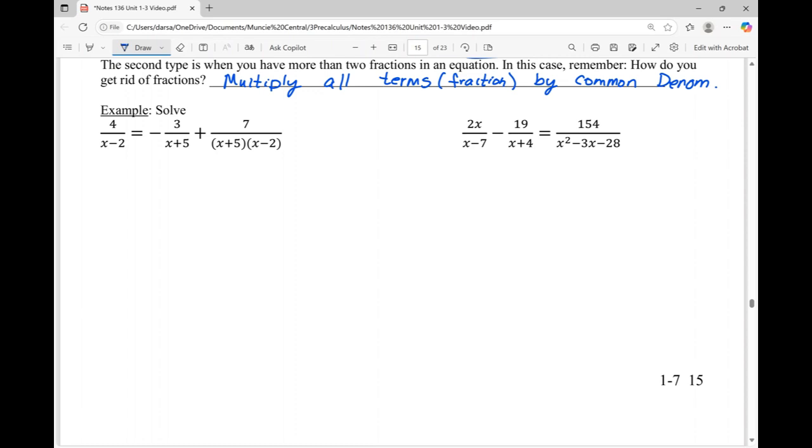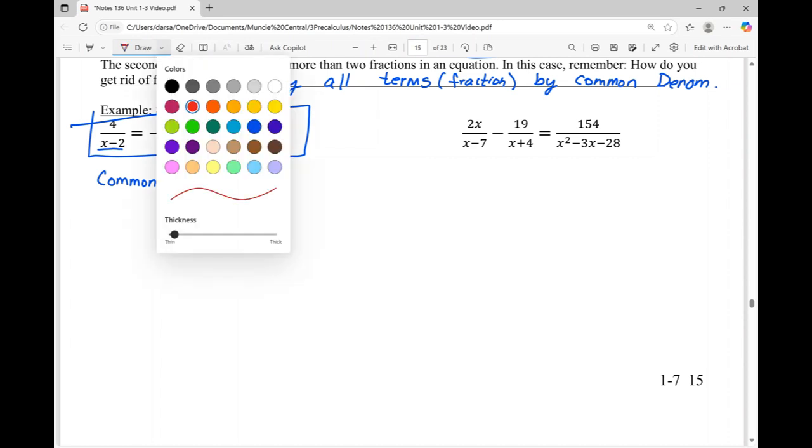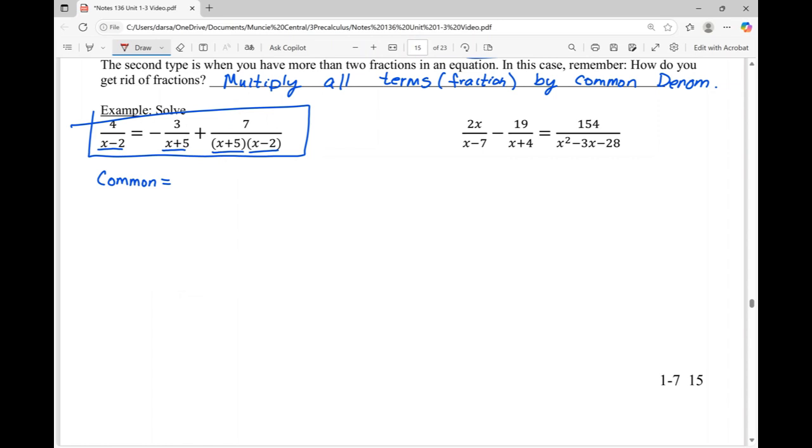So let's look at this first example. If we have these three fractions, look at these denominators. We have an x plus 2, or an x minus 2, an x plus 5, an x plus 5, and an x minus 2. So what is the common denominator here among these three fractions? Well, the common denominator is just going to be one of each of the things that is showing, unless there are multiple of them, and then you'll have to use exponents.